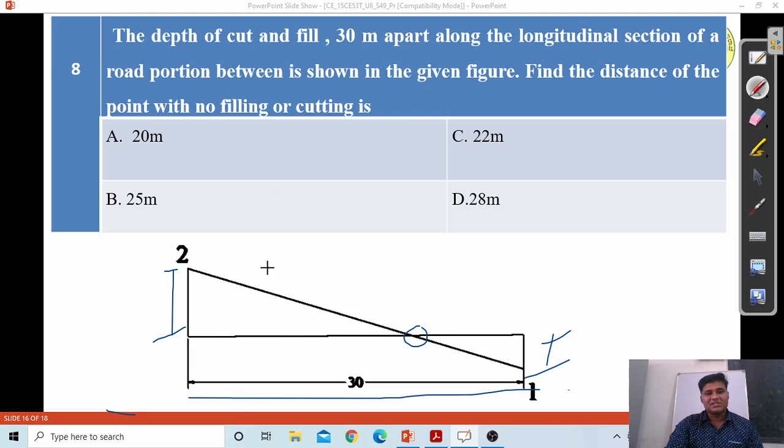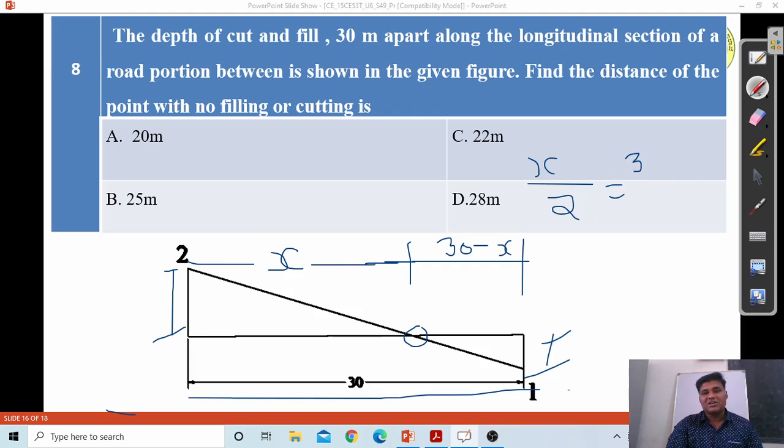So as I told in this session, I am going to consider this distance as X, and from here to here it will be 30 minus X. So from similar triangles, X divided by the depth 2 is equal to 30 minus X divided by this depth 1.